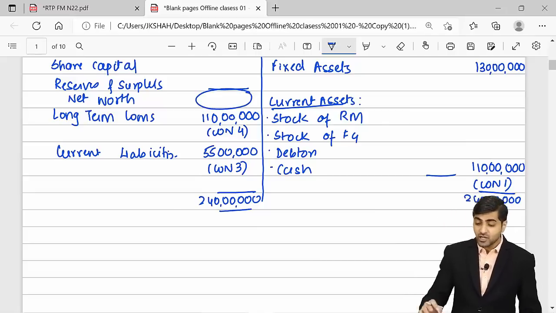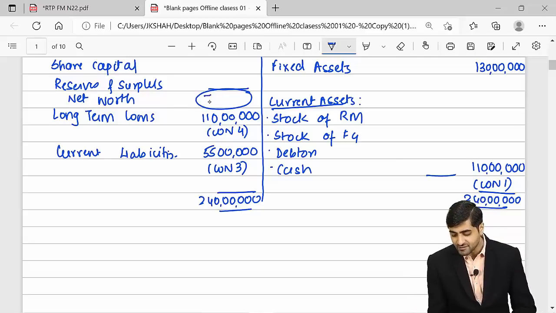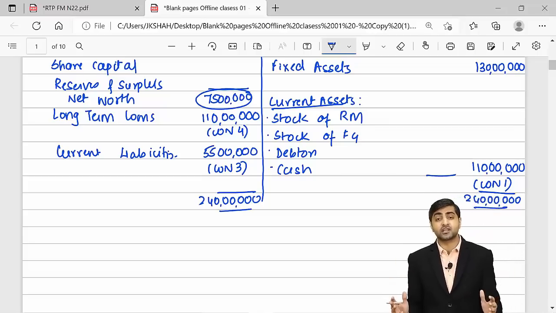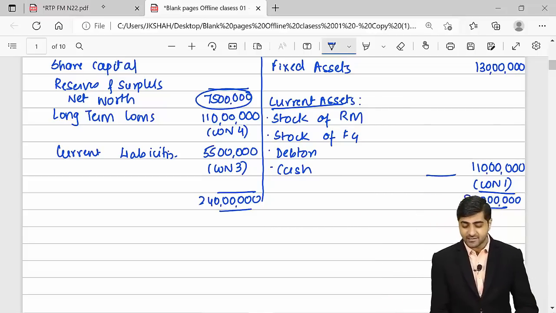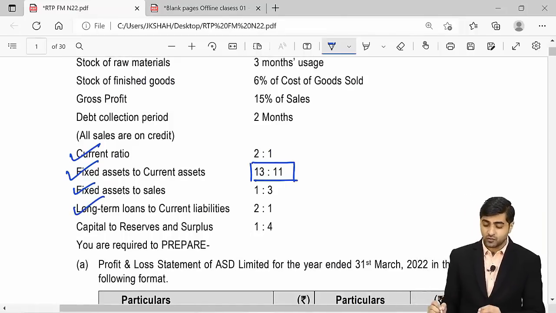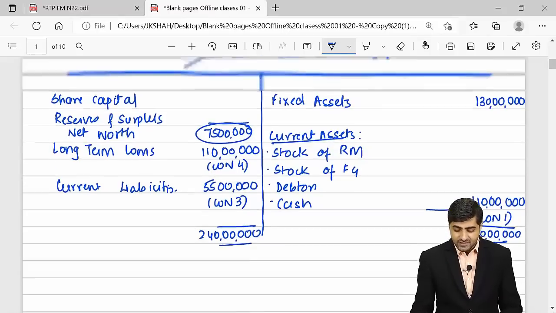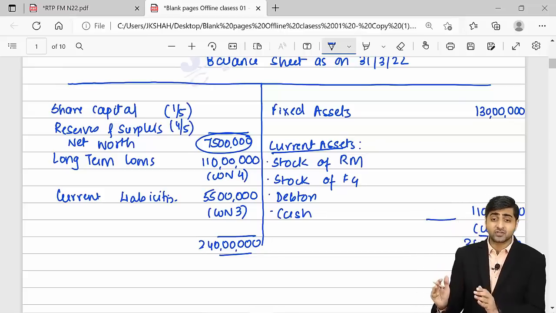Yes sir. So now from 2 crore 40 lakhs, if I subtract 55 lakhs and then if I subtract 1 crore 10 lakhs, eventually what I will get is 75 lakhs. So 75 lakh is my net worth, it's my equity shareholders funds, and now we need to bifurcate this 75 lakhs into capital and reserves, which is in the ratio of 1:4. So I can very well state here that my share capital is 1/5 and my reserves is 4/5 because the ratio is 1:4.